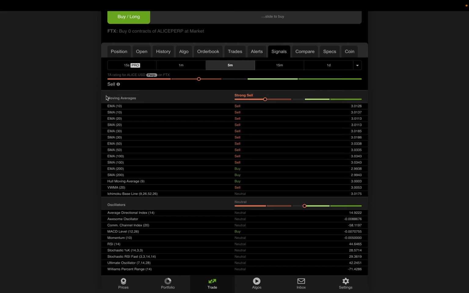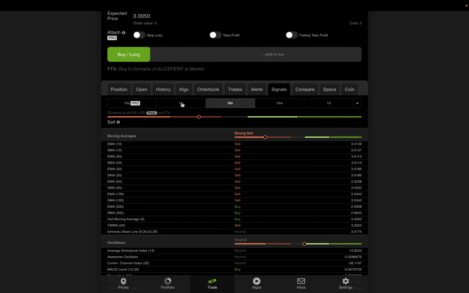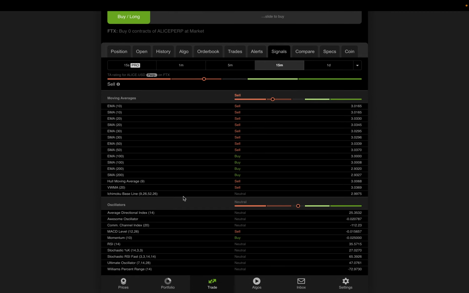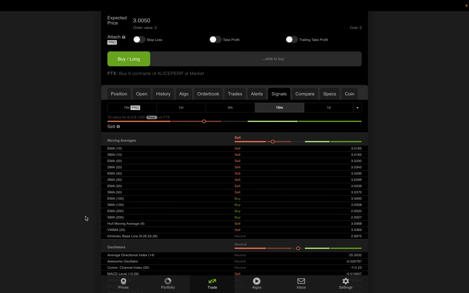So 25 technical indicators in total that combine to give you this rating right here. And basically you can change the candle resolution, and just like that it appears here. I hope you like it. So that works on any exchange with any trading pair. It's a very powerful tool. Of course, it's not financial or investment advice, but it's a very good basis for further research.